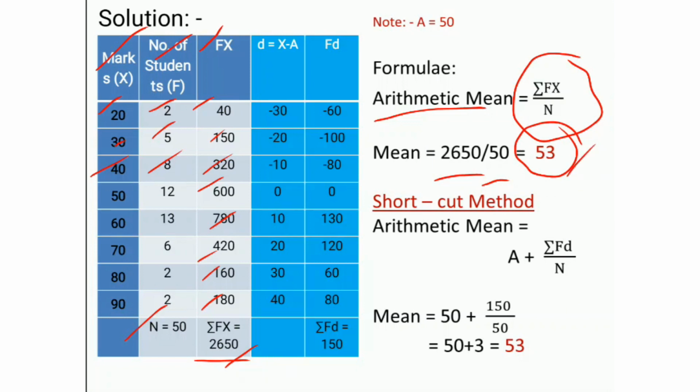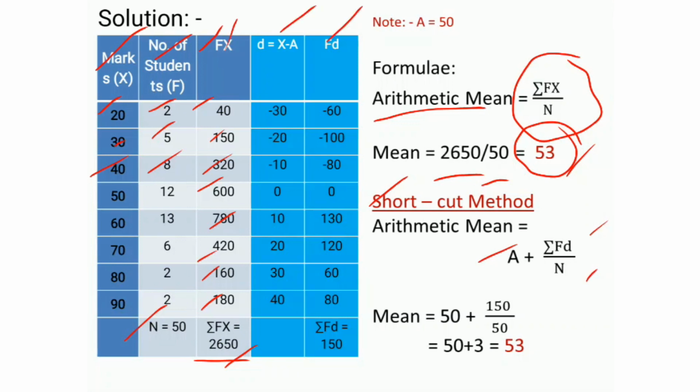But there's one more method to solve this problem, which we call the shortcut method, where arithmetic mean is given by A plus summation fd divided by n. For the shortcut method, the fx column is not required.